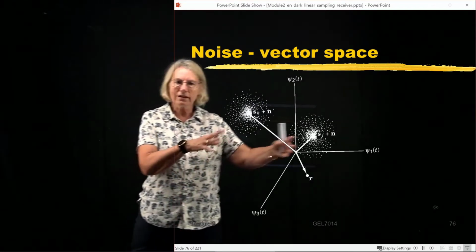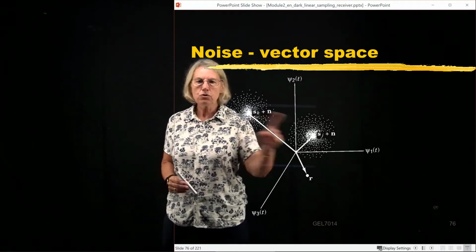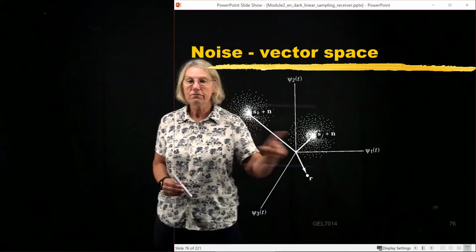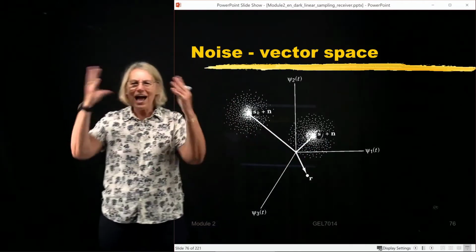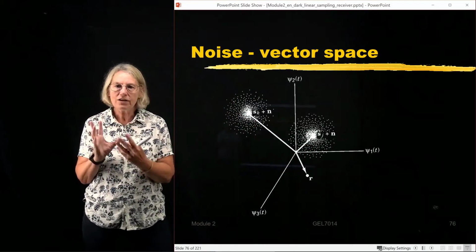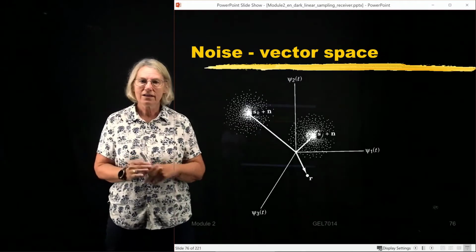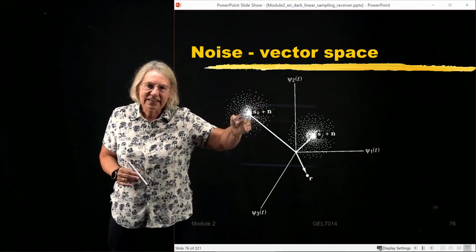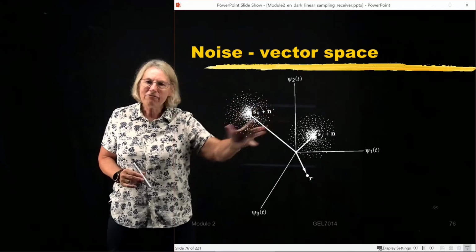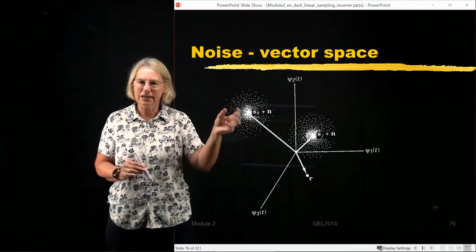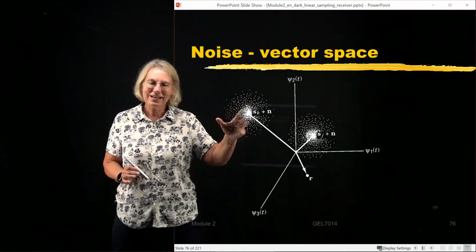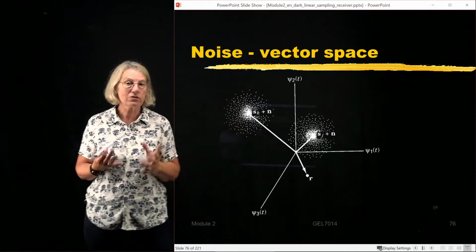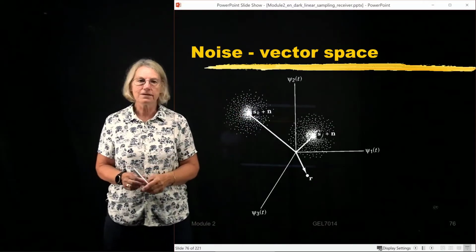So in this little illustration, I'm showing two symbol vectors, and I see a cloud around them. And this cloud is the noise. Instead of getting that same point every time, it's perturbed a little bit differently, a little bit to the side, and it starts looking like a cloud around the transmitted point.